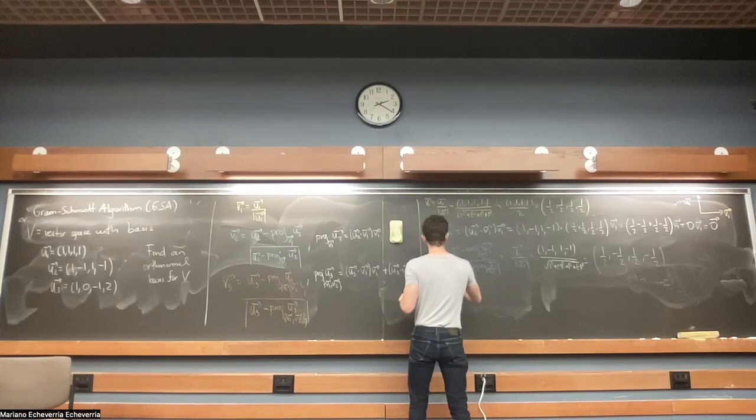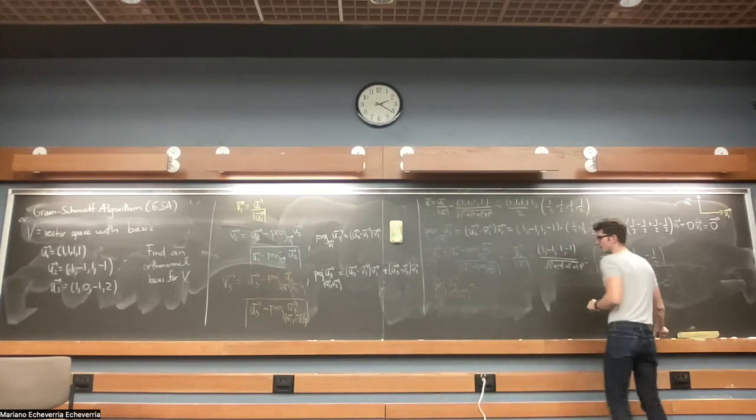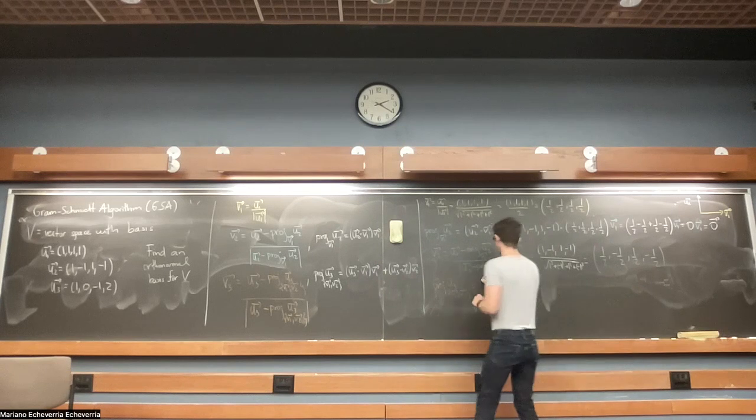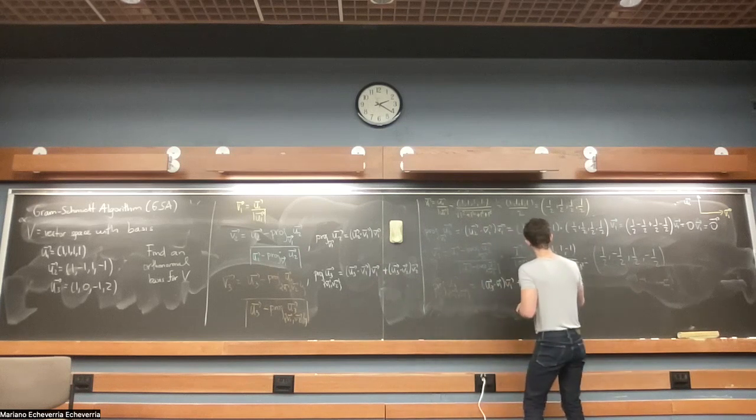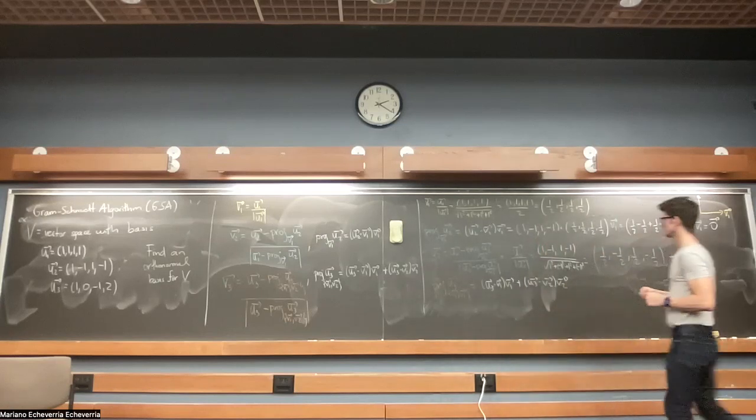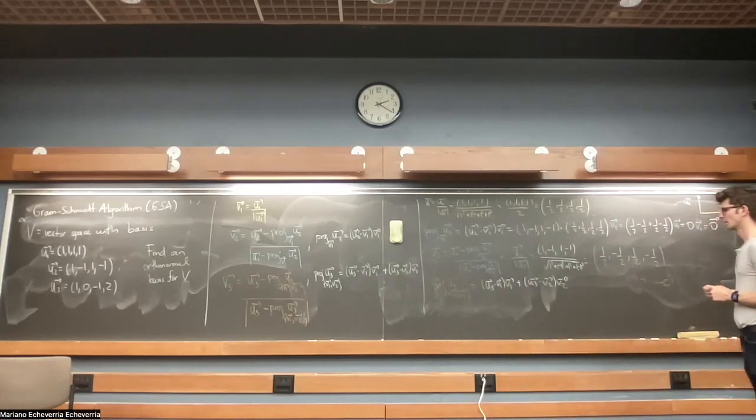So what is the projection of U3 along B1, B2? Those are the dot products, so it's U3 dot B1 times B1 plus U3 dot B2 times B2.